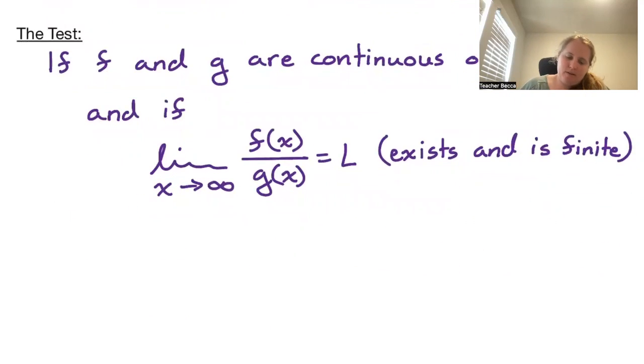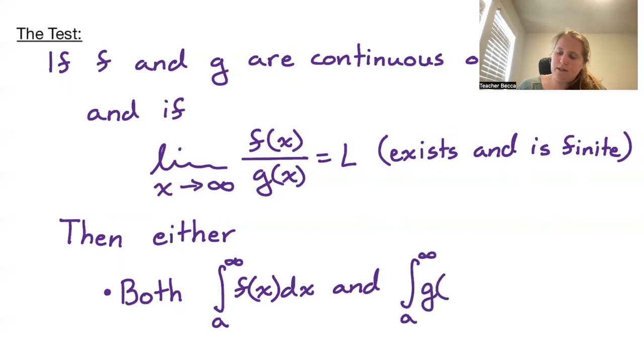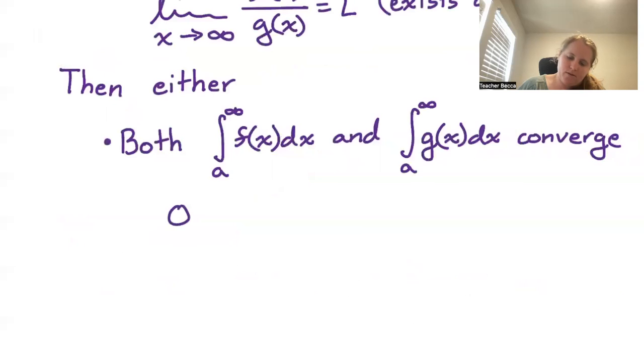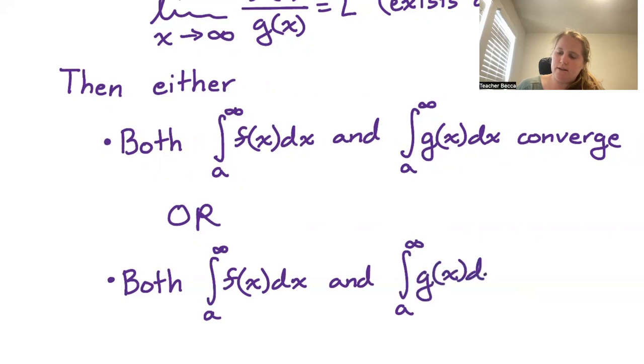And we wind up getting then either the first option is both the improper integral from a to infinity of f of x dx and the improper integral from a to infinity of g of x dx either both of these converge, or both of the improper integrals, so both the improper integral from a to infinity of f of x dx and the improper integral from a to infinity of g of x dx diverge.